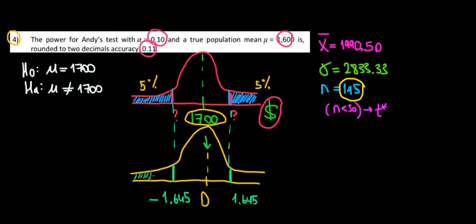With these two numbers in mind, we can find out the value of the balance in dollars that we're looking for to substitute on this table. How can we do so? By converting. Since we know that the z value to reject the null hypothesis must be greater than 1.645 on this side or less than minus 1.645 on the left side, let's do them both in parallel.